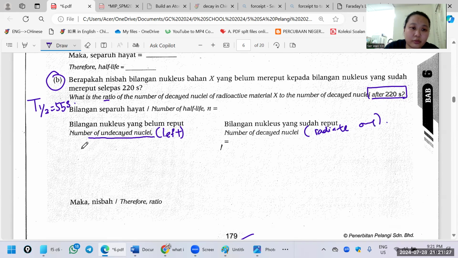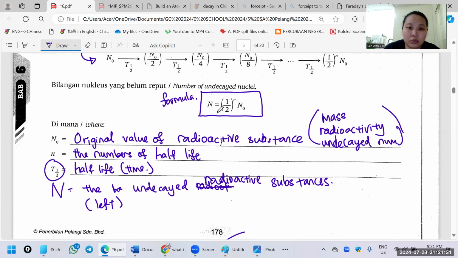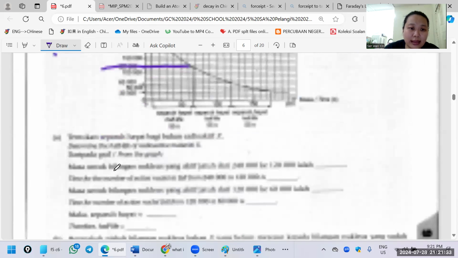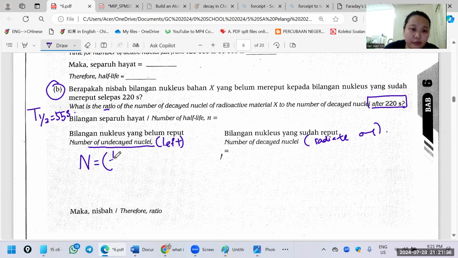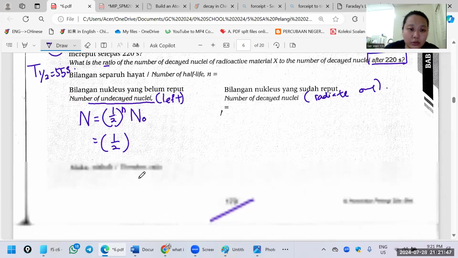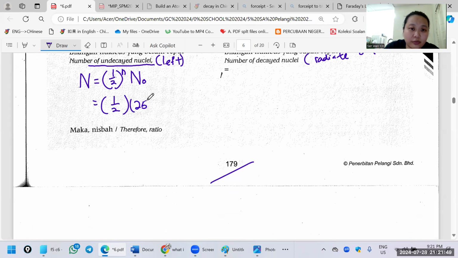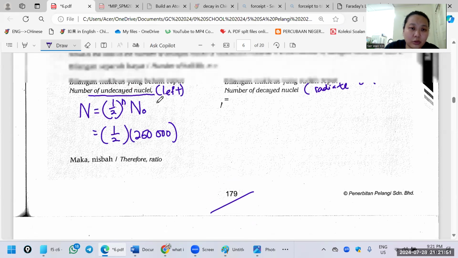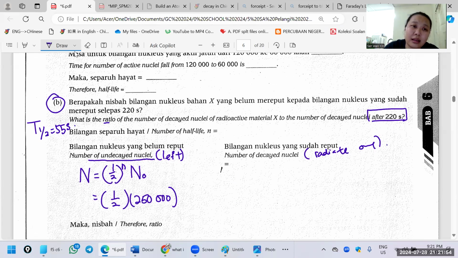So we can use the formula N equals to half to the power n times N0. Original is 250,000. But the question is, what is N?